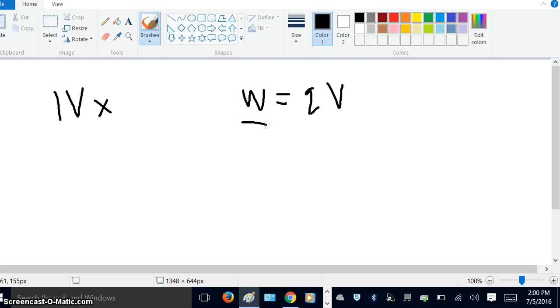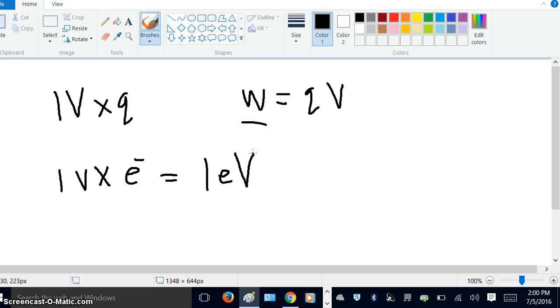So if I multiply 1 volt times the charge Q of a single electron, that's what we call an electron volt. So that's 1 electron volt. That's the way that we write it, and you just say electron volt.